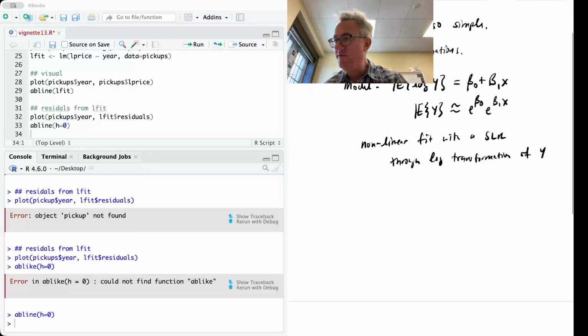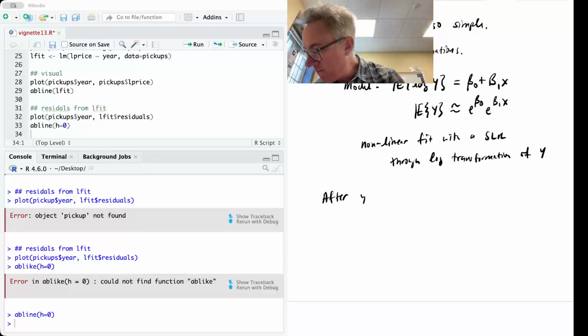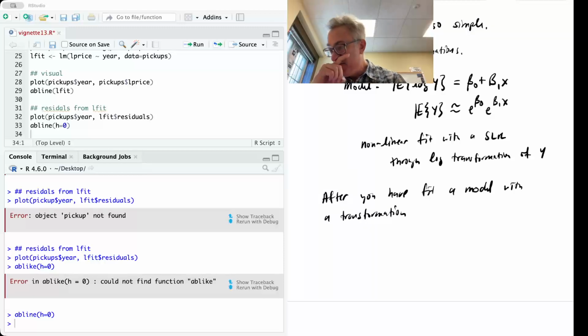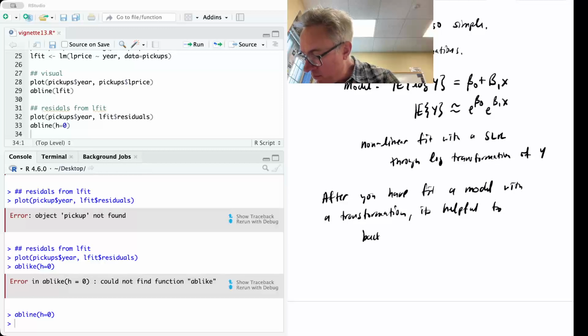After you have fit a transformed model, it's helpful to back transform, especially for visuals.